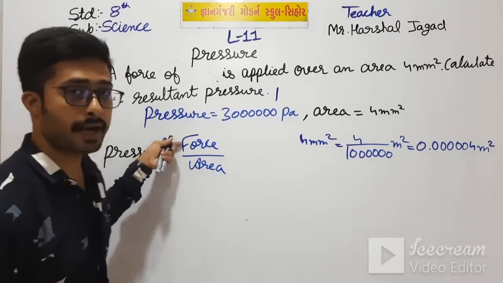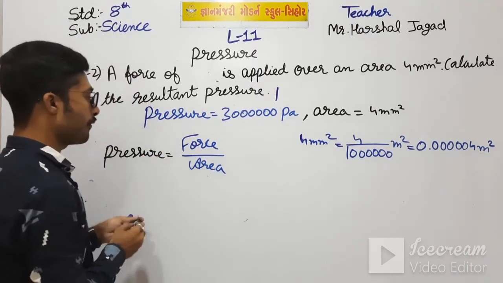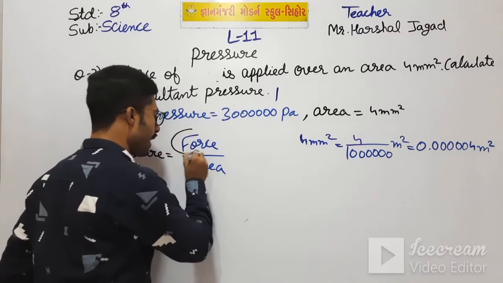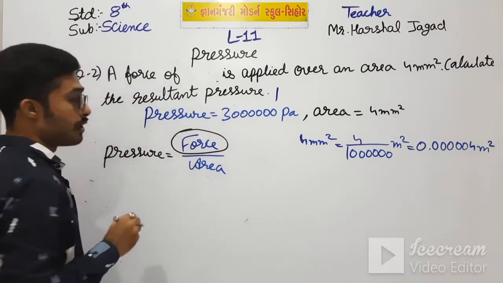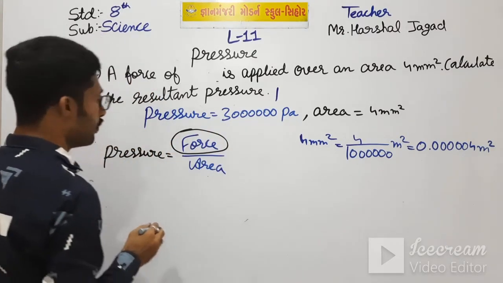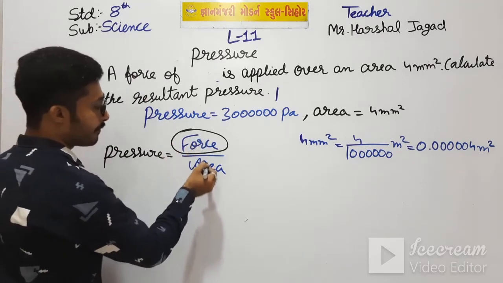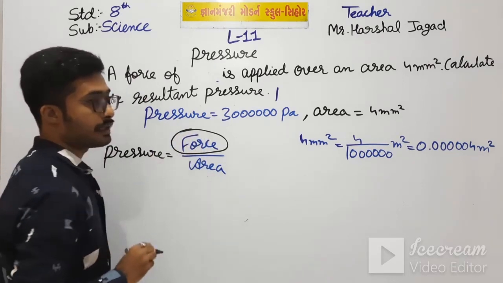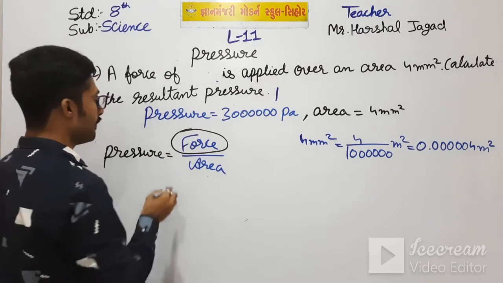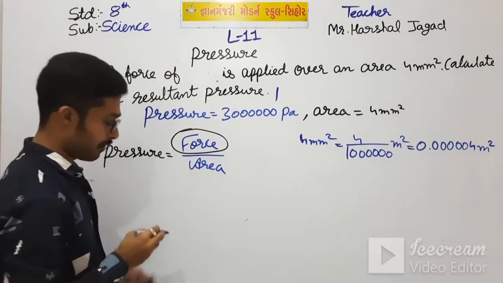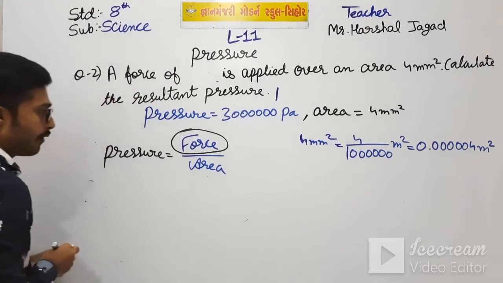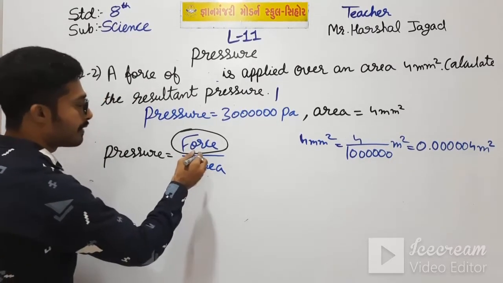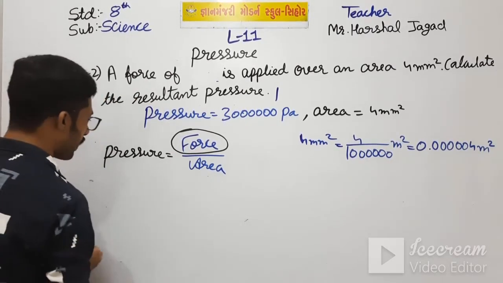We have to find the force. What we have to find? We have to find the force. So what we will do? If we make force the subject of formula, then we can calculate the force. So we are making the force as subject of formula.